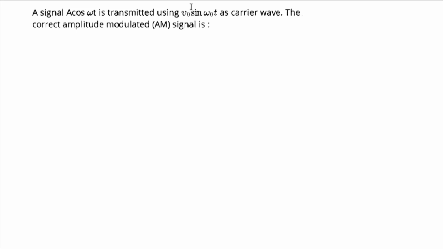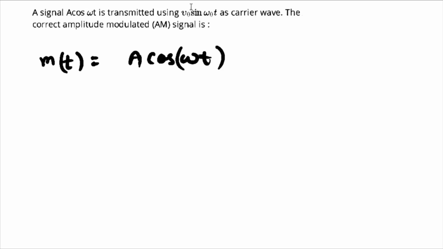So in this question, the message signal is equal to A cos omega t, and the carrier wave is equal to V naught sine omega naught t.